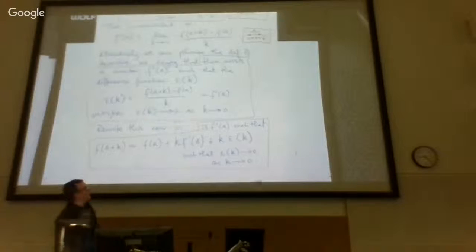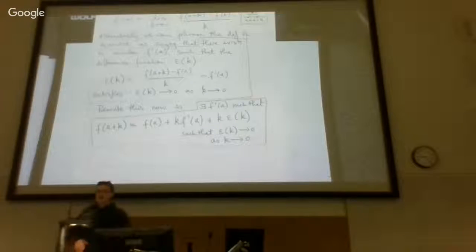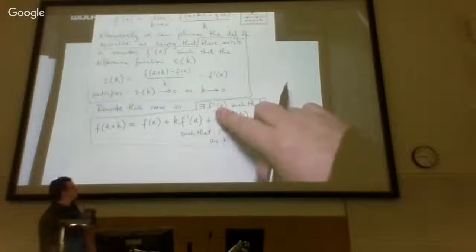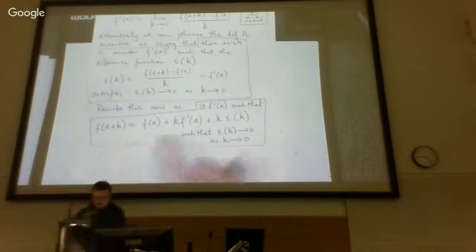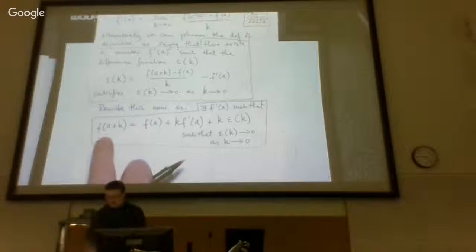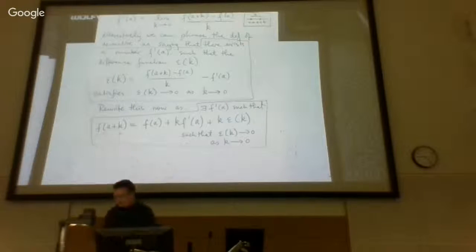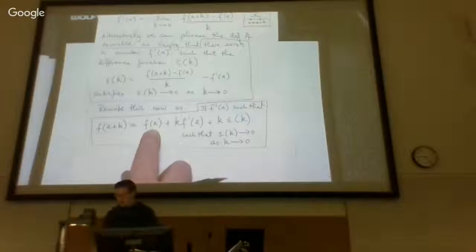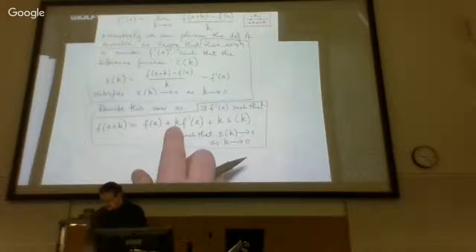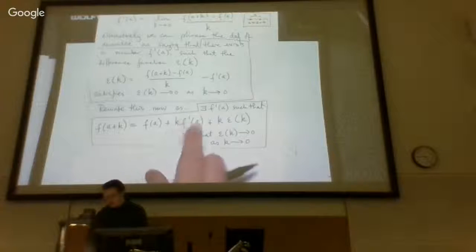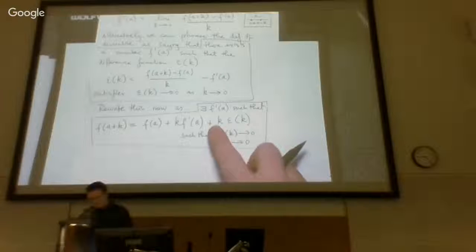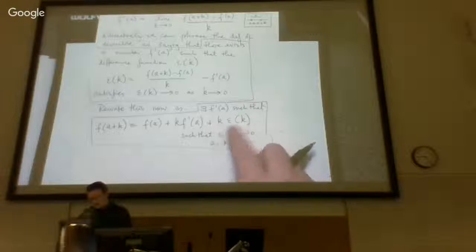So this I want to settle on as my new definition of the derivative. The derivative of f at a is this special number called f prime of a, which gives you an equation like this. When you evaluate f at a nearby point, it's equal to the original value of f at the original point a, plus the number k multiplied by this special number f prime of a, plus this error term.